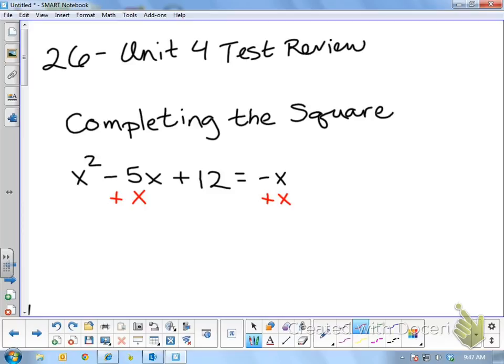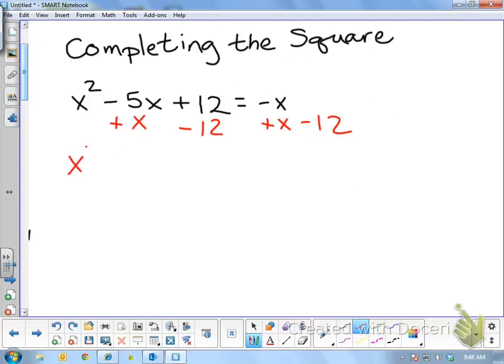Carly also said, let's subtract 12 because that'll move my number to the right side. So we combine now. X squared minus 4x equals negative 12, plus a blank spot.